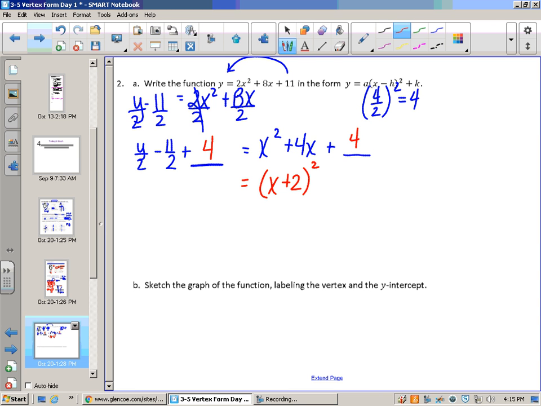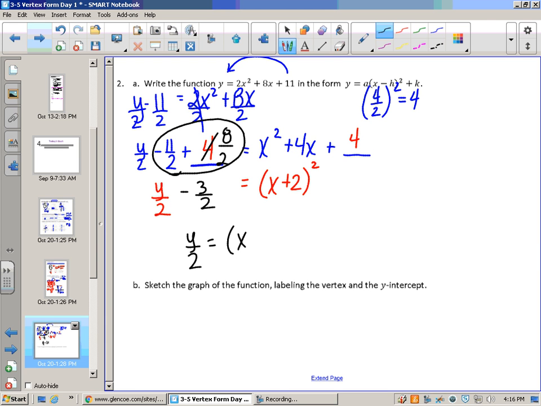On the left-hand side, though, I have y over 2, and then I need to combine these. So 11 over 2. So how do I write 4 as a fraction in terms of 2? 4 is the same as saying 8 over 2. So now I can add these two values. So negative 11 over 2 plus 8 over 2 gives me minus 3 over 2. So I would get y over 2 equals x plus 2 quantity squared plus 3 over 2.